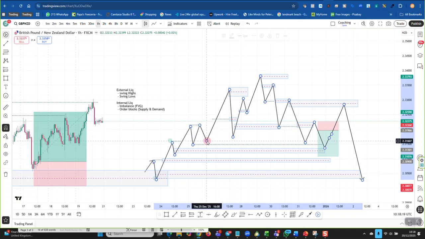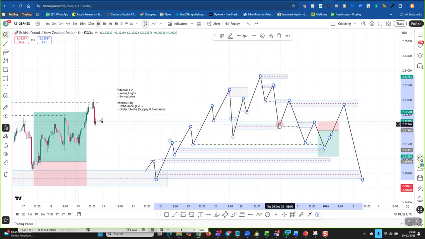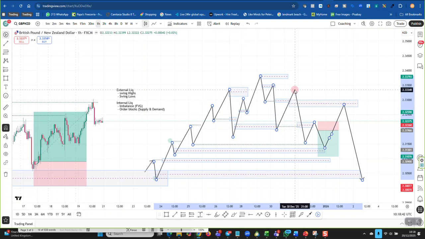Yes, that is something that can happen. Also, why did price get to this liquidity and not go through it like this? Why did it stop here and then pull back into here? And why didn't this go that way all the way up here? That is also a possibility.